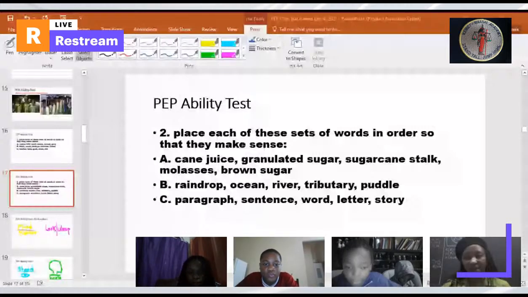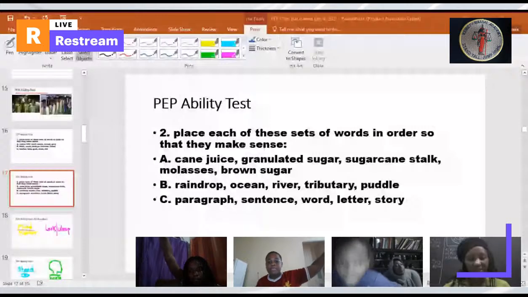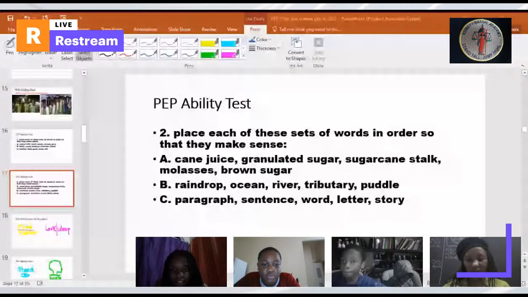A tributary is a small stream that flows into a larger one. Raindrop, puddle, tributary, river, ocean. Miss, I agree, that's correct.